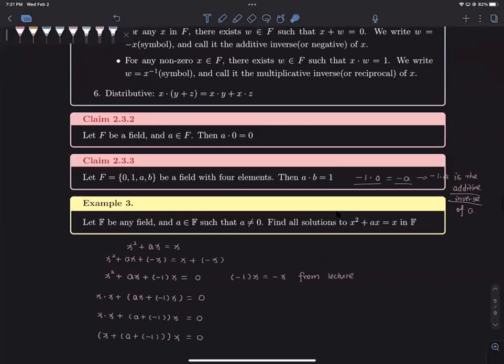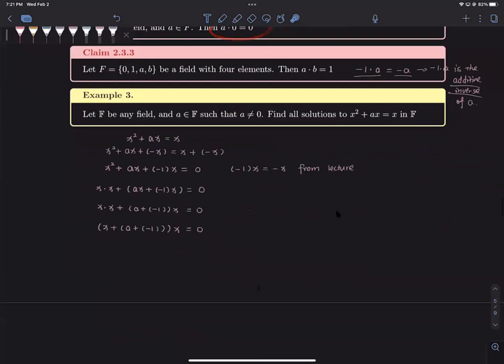Because you don't know, we cannot use that. However, we do know this. This is one element. So this is my y times x, and if x is 0, then it's going to be 0. This is what we know, right? Do you agree? So what does that mean? That means x equals 0 is a solution.